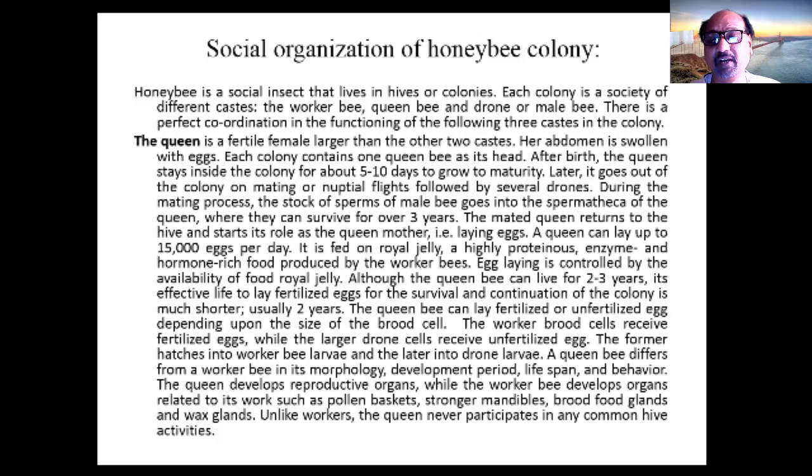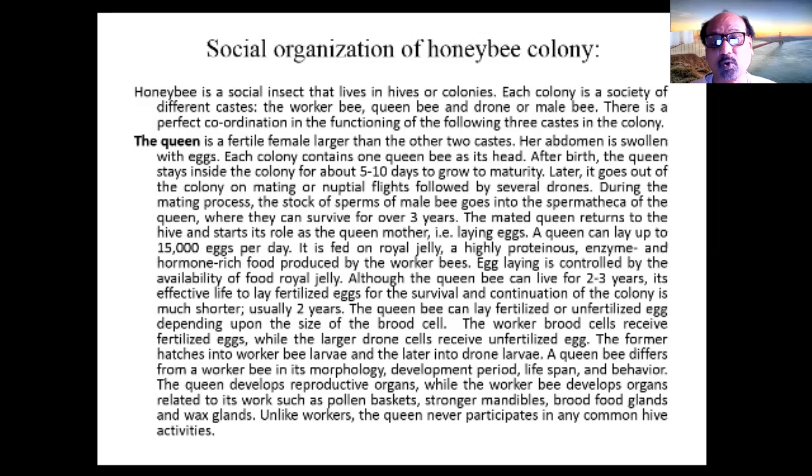The mated queen returns to the hive and starts its role as the queen mother, that is, laying the eggs. A queen can lay up to 15,000 eggs per day. It is fed on royal jelly, a highly proteinous, enzyme- and hormone-rich food produced by the worker bees.